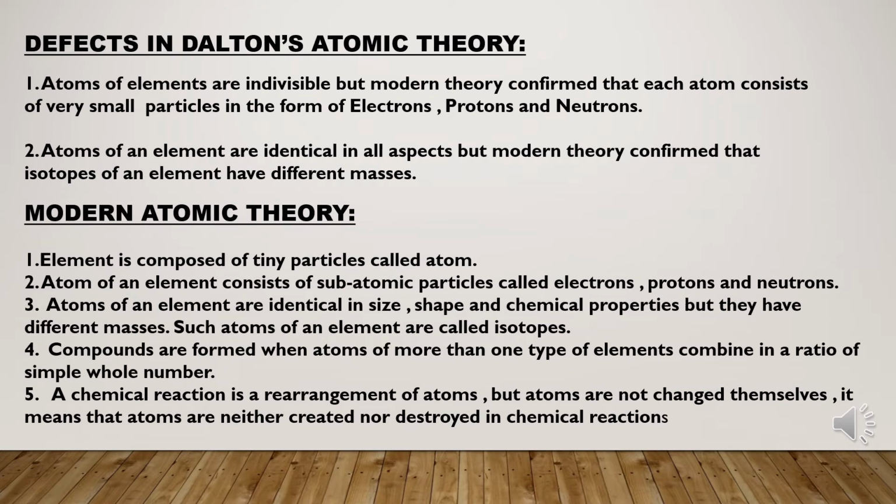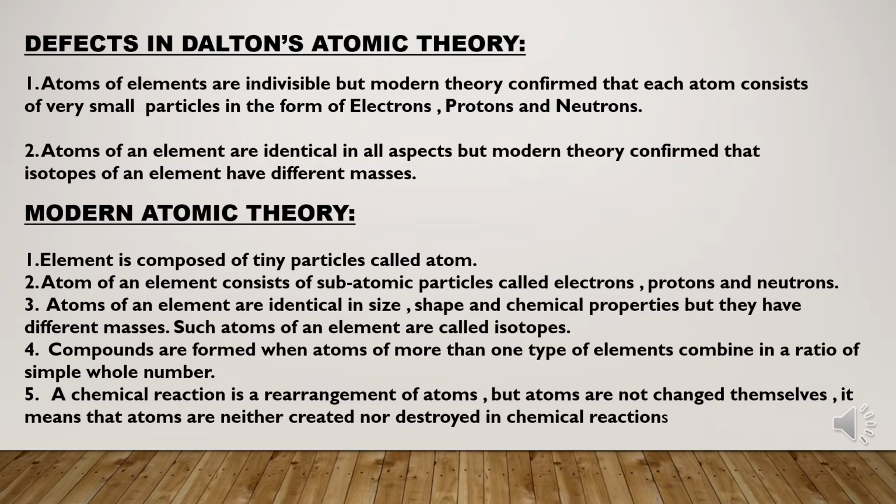Dalton's atomic theory was largely successful in explaining the laws of chemical combination, but there were some shortcomings in that theory. These are: number one, atoms of elements are indivisible. But modern theory says that each atom consists of subatomic particles that are electrons, protons, and neutrons.